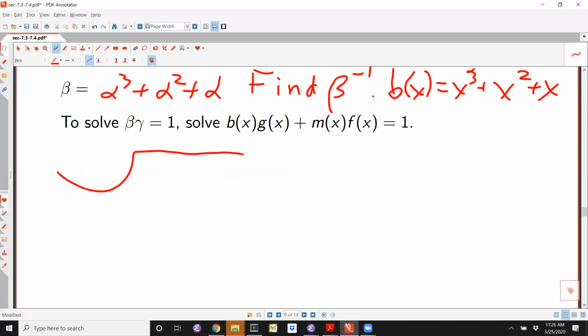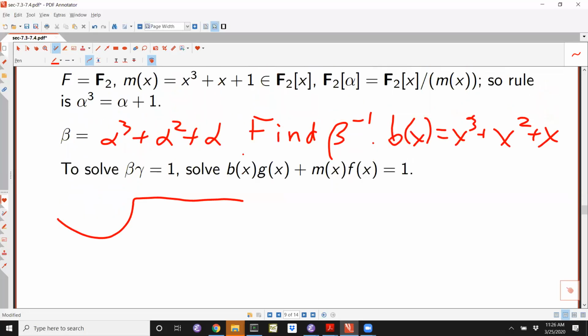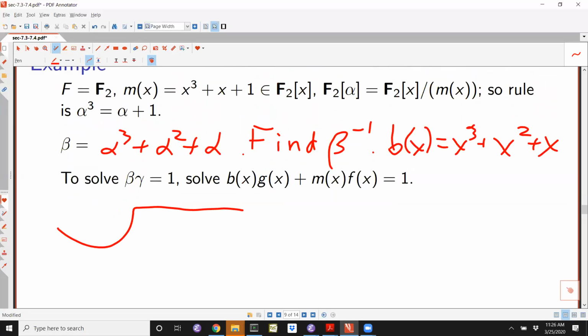All right, so I'm going to divide. I guess I'll start off with m, which is x cubed plus x plus 1. And I'm going to divide that by x cubed plus x squared plus x. And that goes in once.